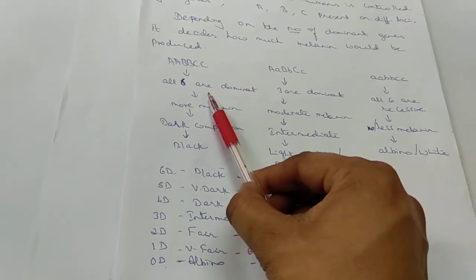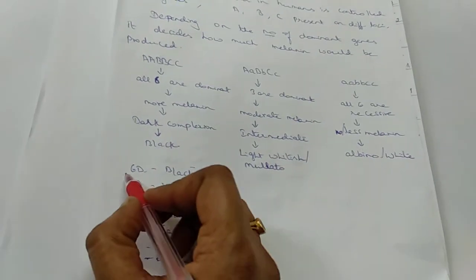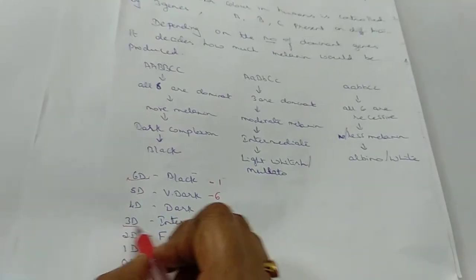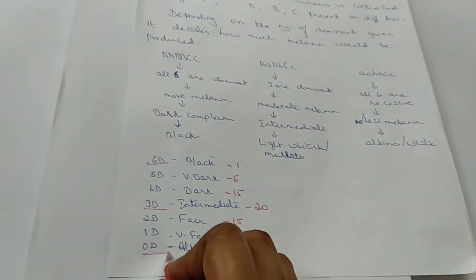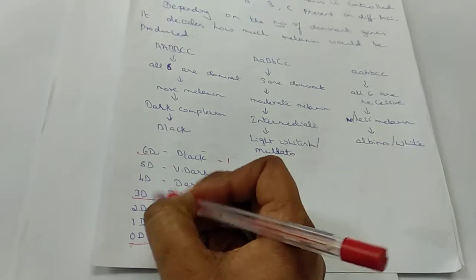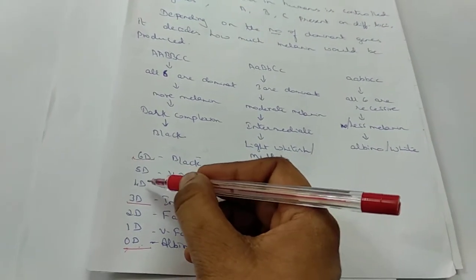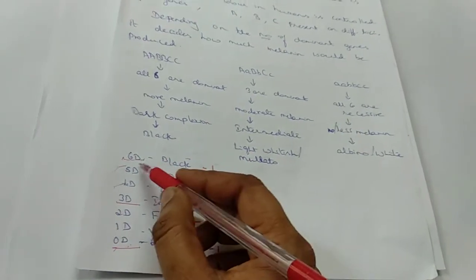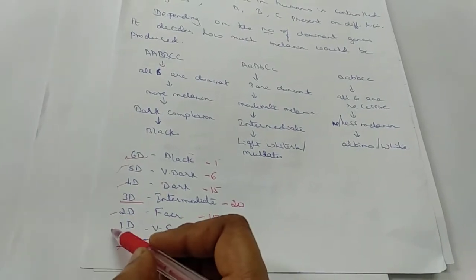Here we have taken 6 dominant, which I have represented as 6D. You can call this the first one, and then 3 dominant genes, which I have represented here as 3, and here there is no dominant at all, so I have represented it as 0. In between these 6, 3 and 0, there are other ranges where you can fill in 5 and 4 between 6 and 3, and between 3 and 0 you can fill in 2 and 1.